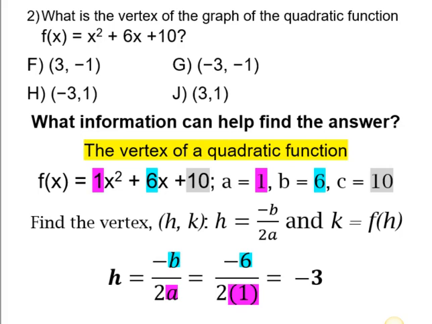For our h, we have negative b over 2a. We substitute in the value of b, which is 6, so that's negative 6 for our numerator, and for our denominator, we substitute in the value of a, which is 1, so it's negative 6 over 2 times 1, and that's equal to negative 3. So we have found our h.